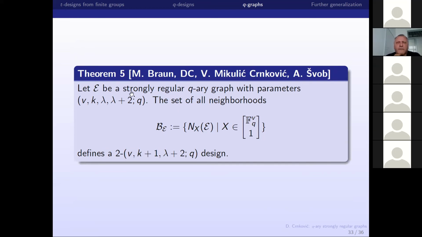If we have a strongly regular q-ary graph with parameters v, k, lambda, lambda plus 2q, then the set of neighborhoods is a q-ary design with parameters 2, q, 2, v, k plus 1, lambda plus 2q.